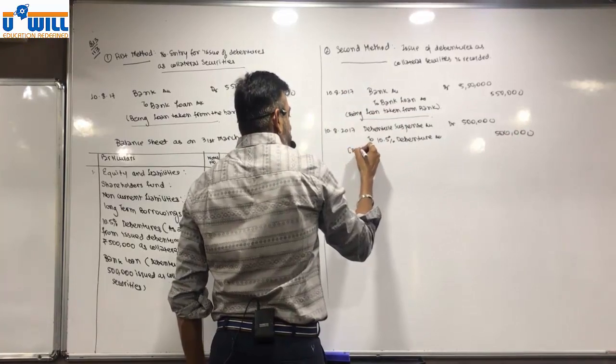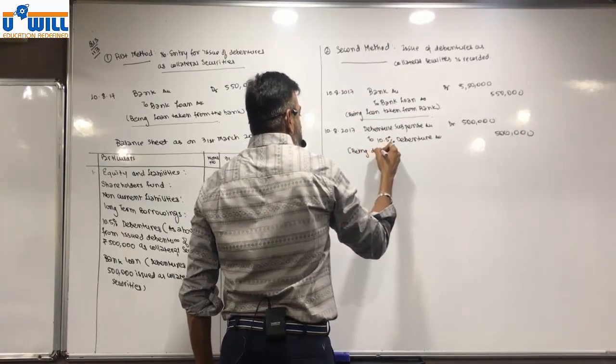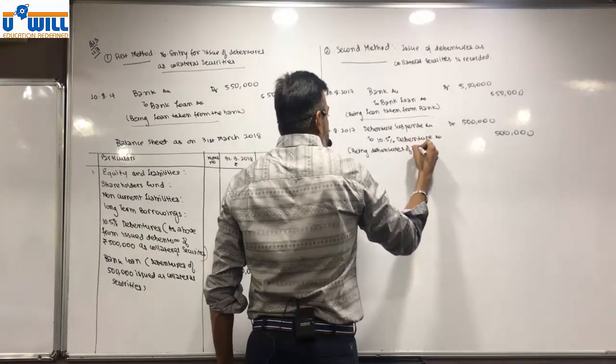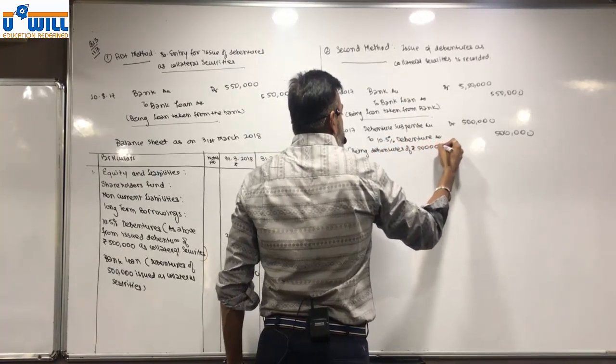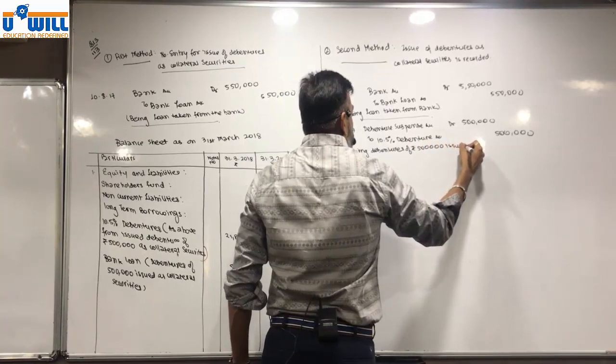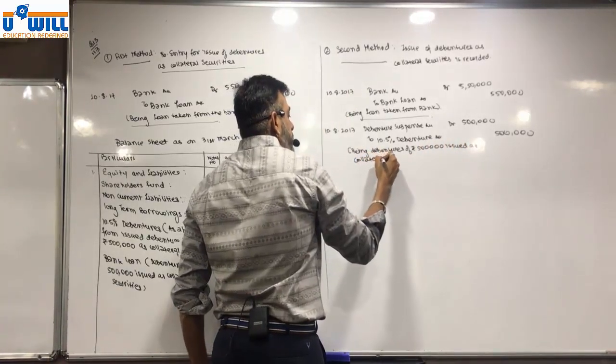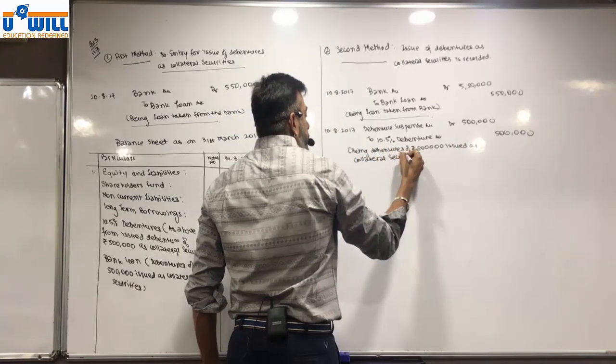Being debentures of rupees 5 lakh issued as collateral security.